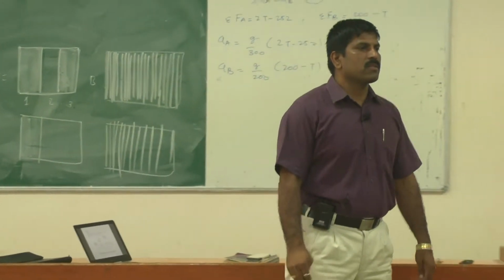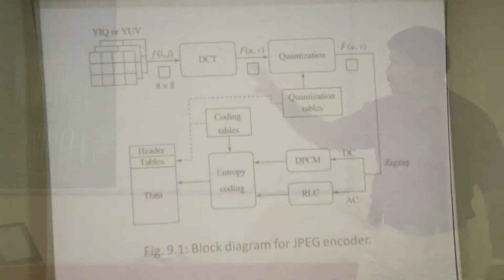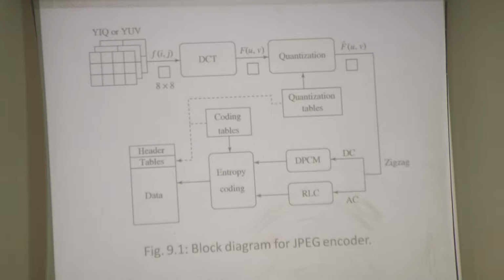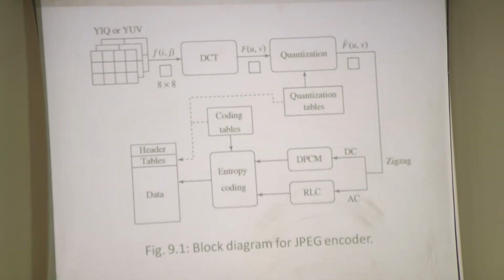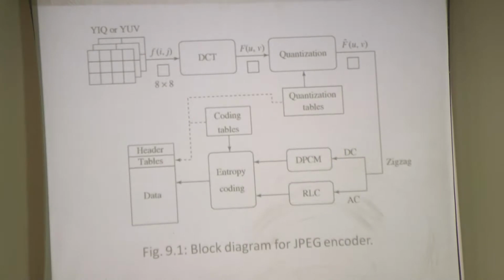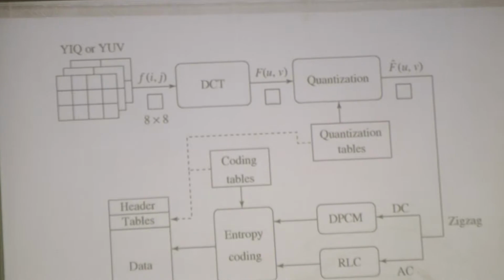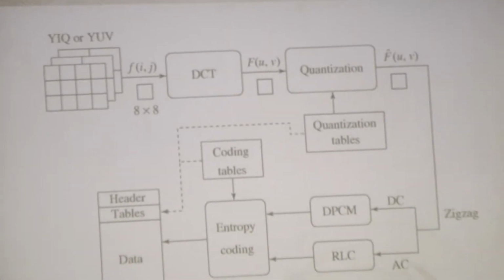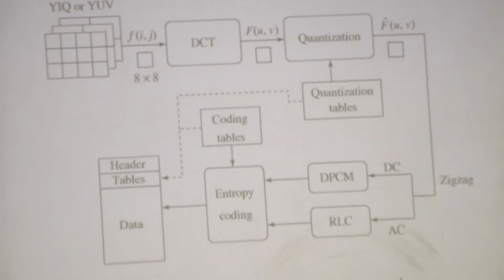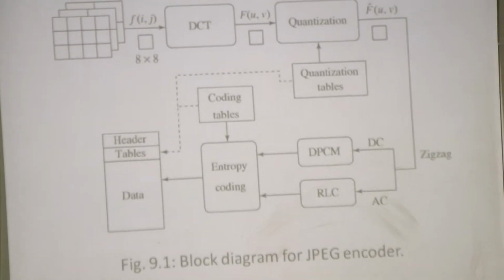Now see that this is a block diagram of JPEG image compression. First, your original image is converted into a YIQ or YUV model of color space if it is color image. If it is grayscale image, there is no need of converting that. After that, the whole image is divided into 8x8 blocks.